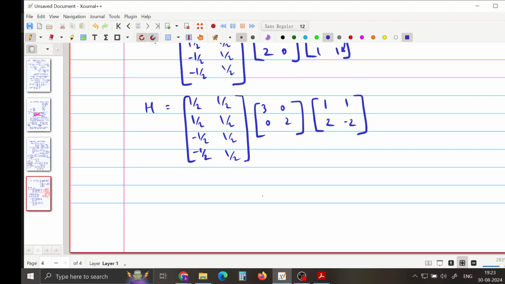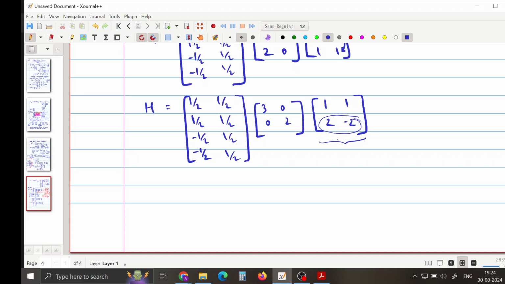So usually you see here that the first row of this third matrix is 1 1, so it's okay, 1 is always easy to deal with, but in the second row you have 2 and minus 2, so 2 is a common factor.